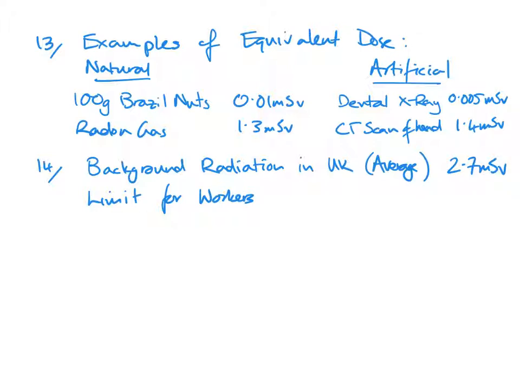And then on top of that, you have limits for workers in the nuclear industry. And basically we reckon you can get up to an additional 20 millisieverts without a significant effect on your health.